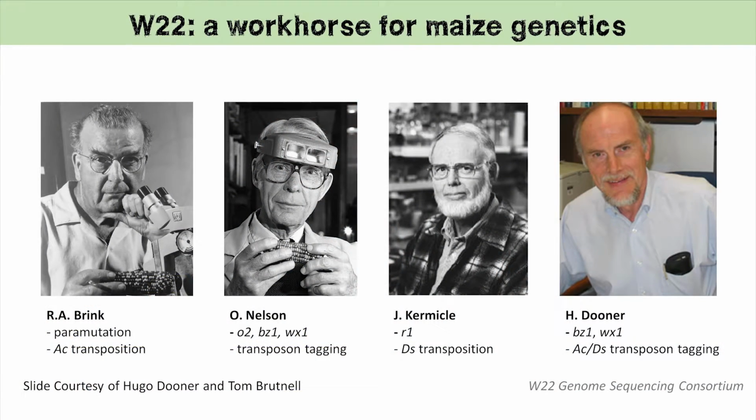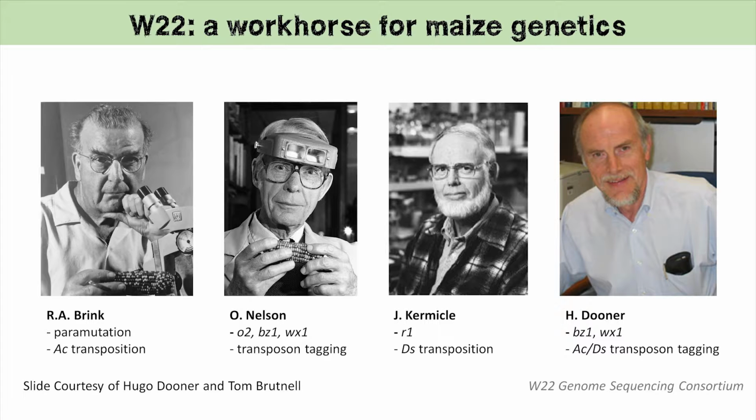Oliver Nelson did some of his pioneering work on high lysine corn, looked at the bronze locus, and was actually the first, with Nina Fedoroff, to tag a gene using transposon tagging, and looked at recombination in waxy1 with this W22 inbred. Jerry Kermicle's elegant studies of the R locus and complex rearrangements were performed with W22, and he also looked at Ds transposition.